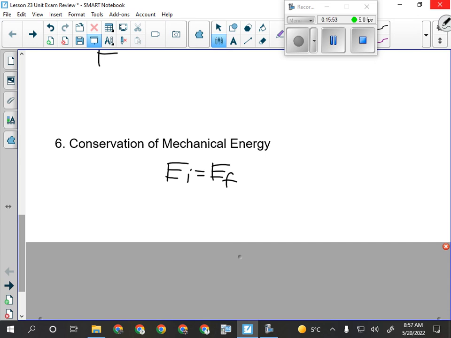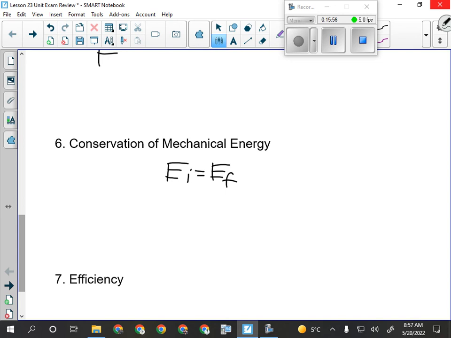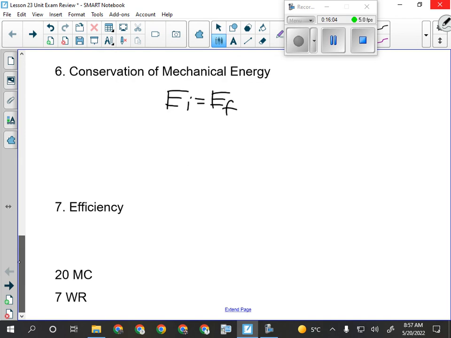Okay, and then lastly is efficiency. It's only in the multiple choice. There's a very simple problem-solving thing in the multiple choice. Remember that efficiency is the work done divided by the energy put in.